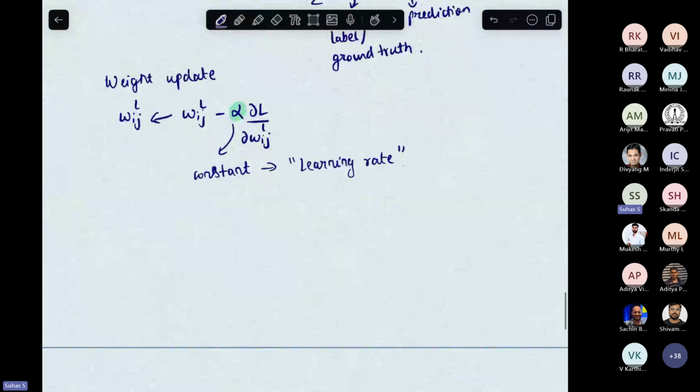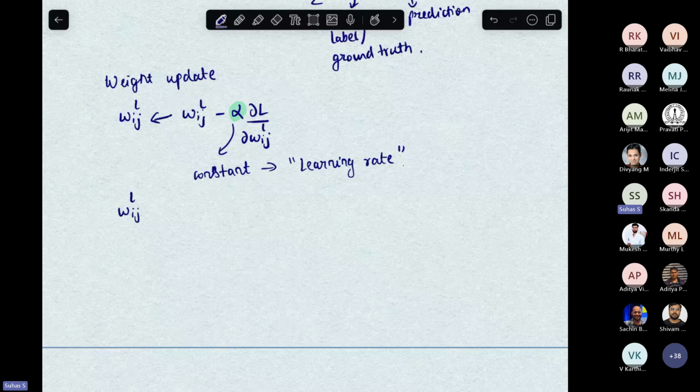Wijl is our general expression for any weight. If I increase my weight by some amount, I want to see how much the loss decreases. This is typically what neural networks do. When you change a weight by delta W, how much does the loss change?